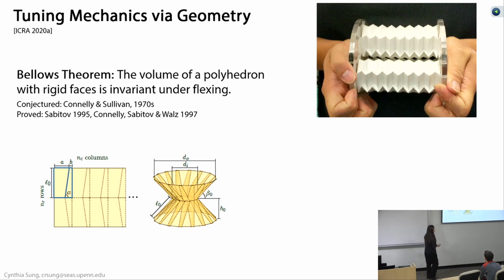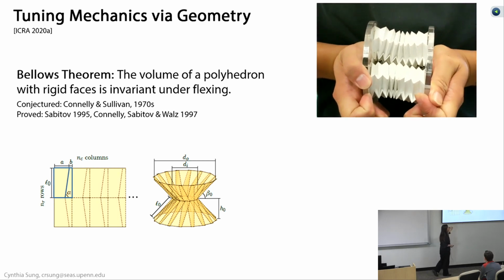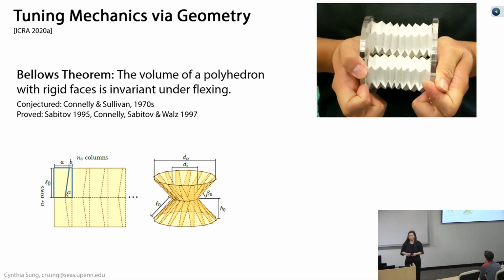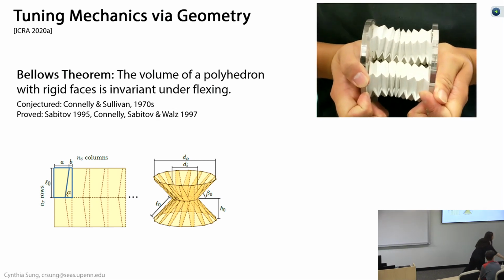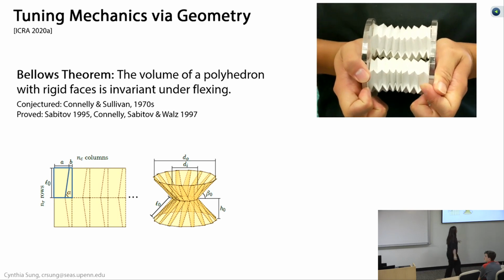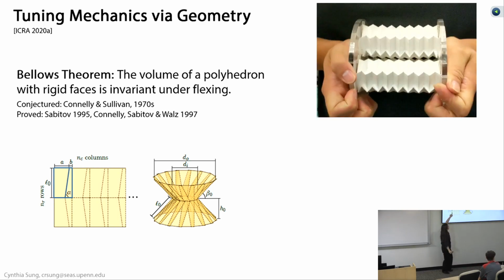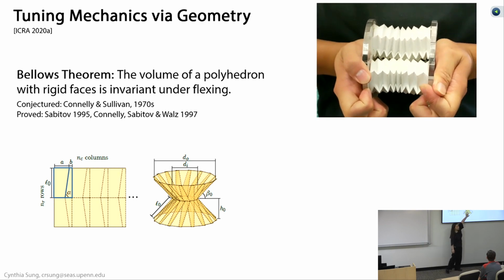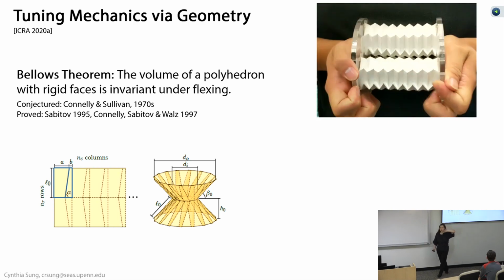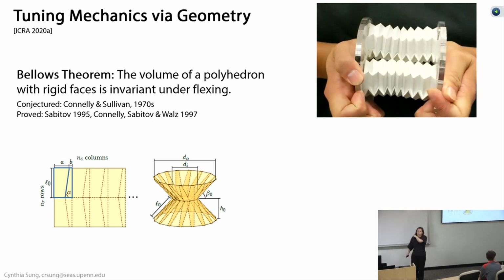So in this case, this is the bellow, the folded bellows that you see at the top. It's quite stiff, and I have one here so you could play with it. This one is just folded out of 5 mil thick PET. And the idea here is that by changing the fold pattern and even just a single parameter, this alpha here, you change the 3D geometry and you change the amount the faces deform when you compress the entire structure.